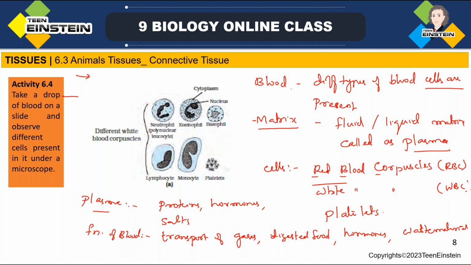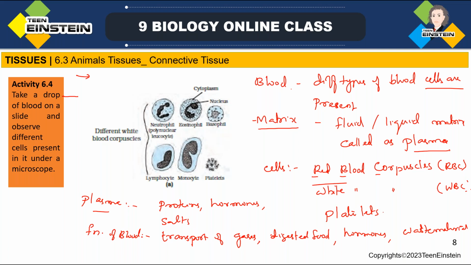So all these functions are done by blood. So blood should be in a fluid form so that it can reach everywhere and transport gas, food, hormones, everything, right? That's why we said based on the function of that connective tissue, the matrix nature is getting decided.